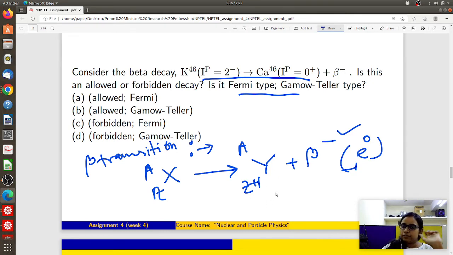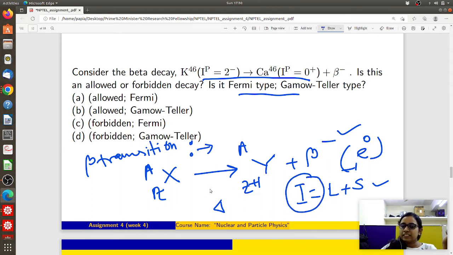The first condition is what? We always know that I equals L plus S. L is the orbital angular momentum, S is the spin angular momentum and I is the total angular momentum. So the change in that total angular momentum, that means delta I, is nothing but I_i minus I_f. I_i is the initial total angular momentum and I_f is the final state total angular momentum.